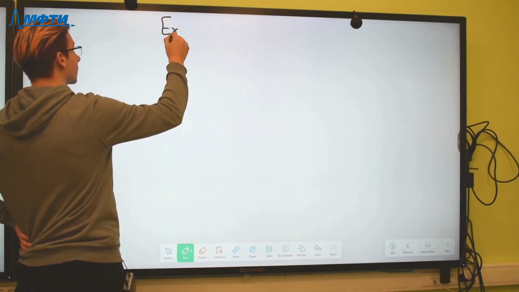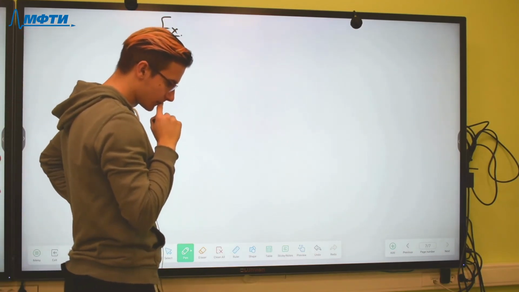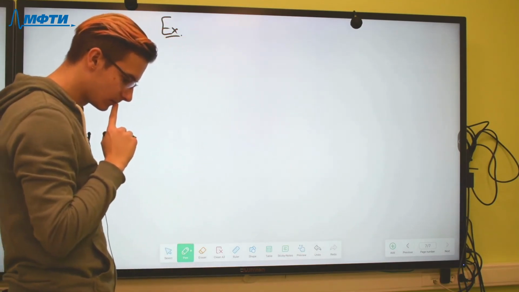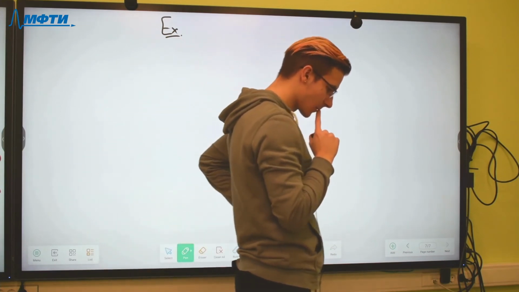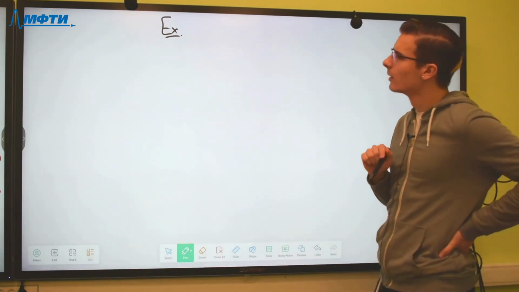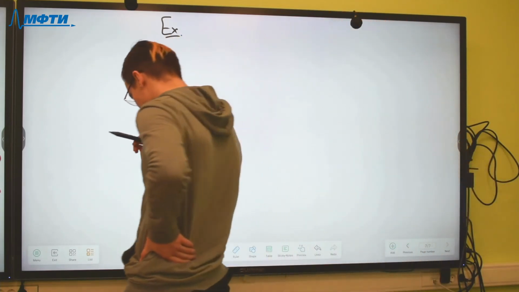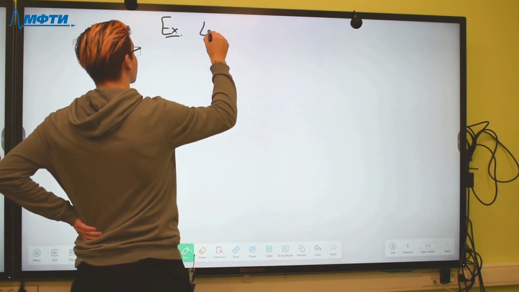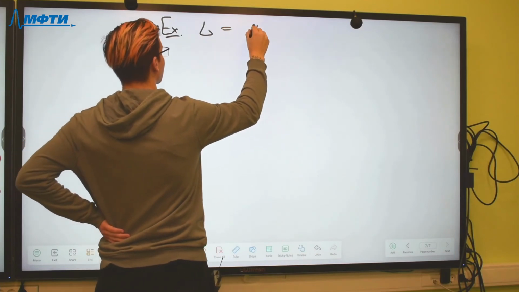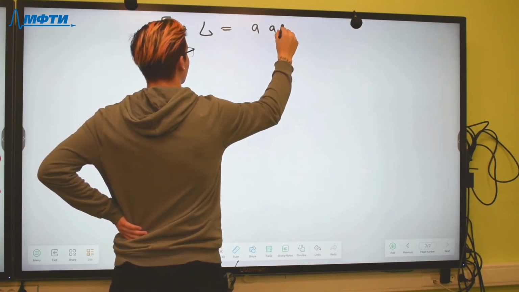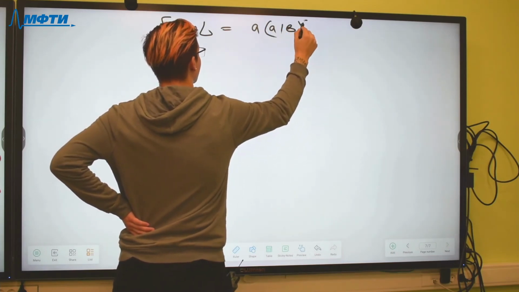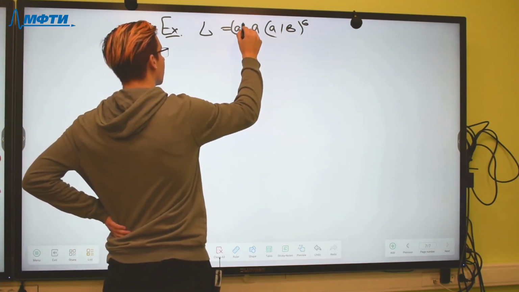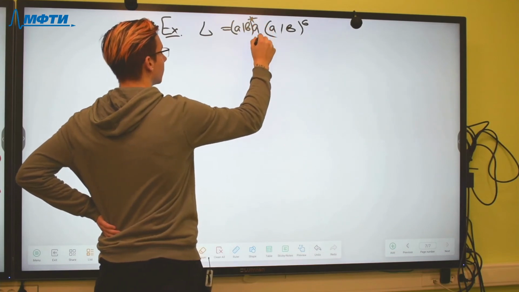For example, if you remember regular statements, we can set L as the words, for example like this.